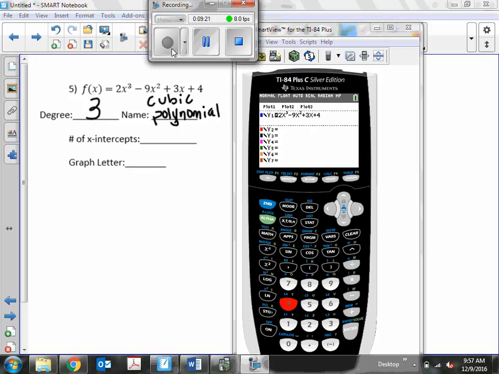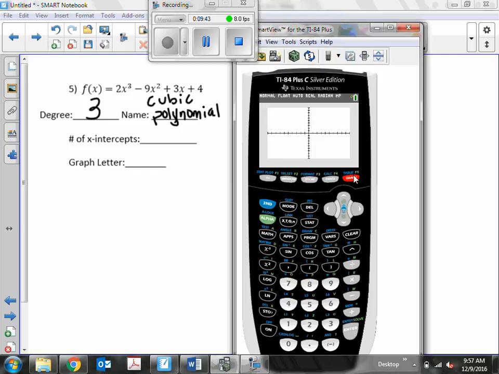So if we look at this one, we should identify the fact that it has a degree of 3. So we name this a cubic, and because it has 1, 2, 3, 4 terms, we call this a polynomial. So this would be considered a cubic polynomial. We need to now graph it, so we enter our equation into y equals, we hit graph, and we are going to match the graph that goes with my equation.